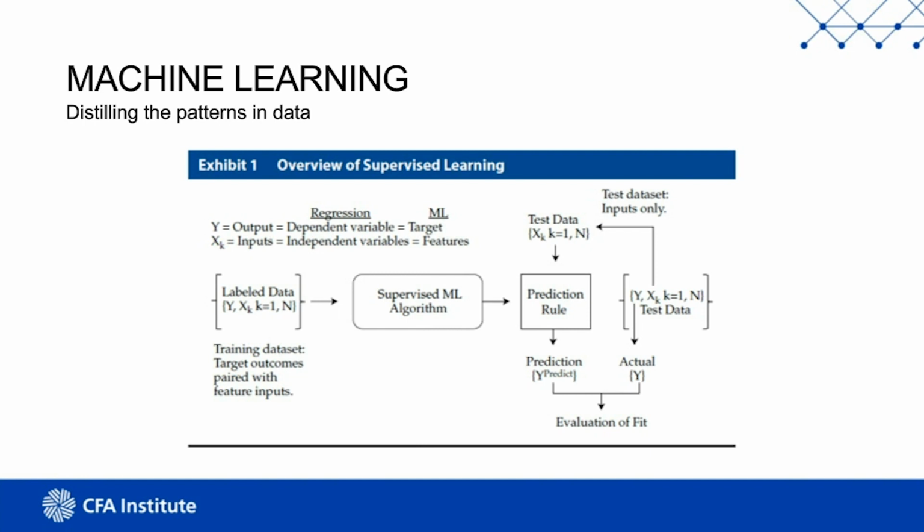So here we show this. You also hold back some test data, which has the same characteristics. It has a target that you're predicting, has features that you use to make that prediction, and you feed those values in and evaluate whether the model performed well.